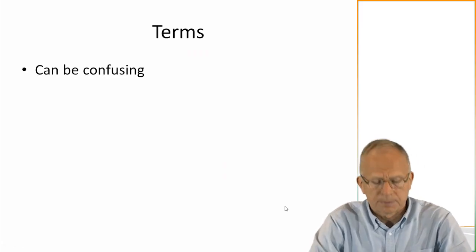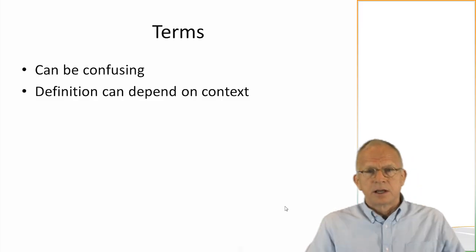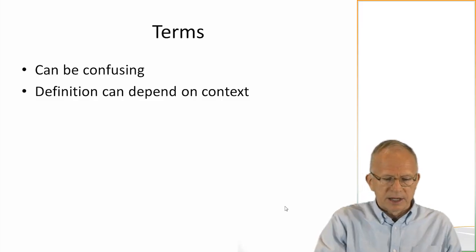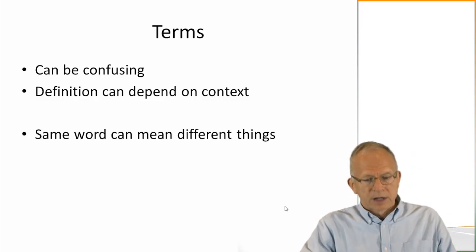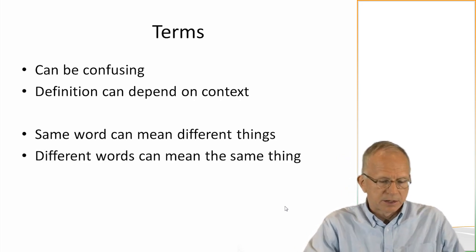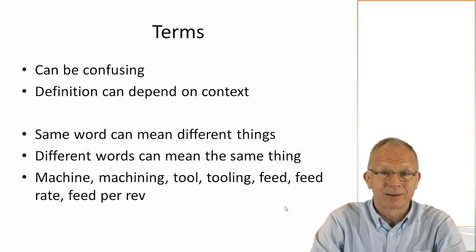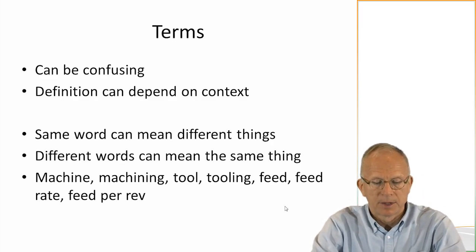So these terms that are used in machining can be confusing. The definitions can sometimes depend on the context. The same word in different contexts can mean different things, and different words can mean the same thing. So watch out for the context. Never be afraid to ask somebody what they actually mean by it.